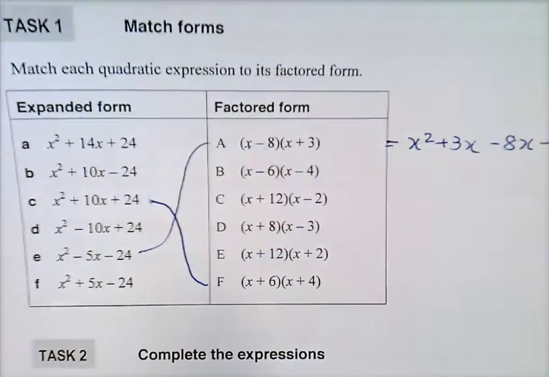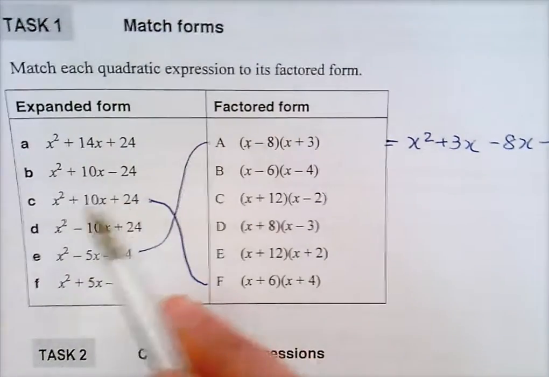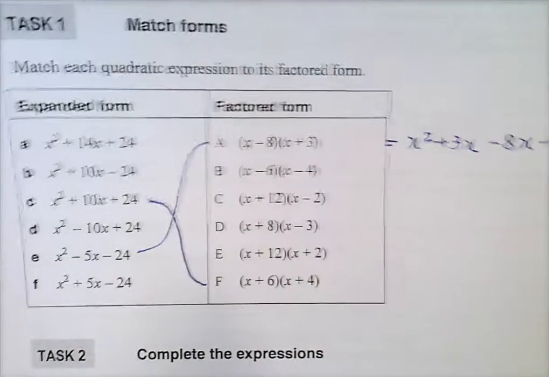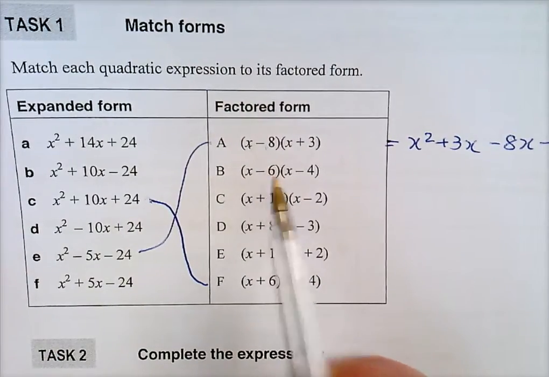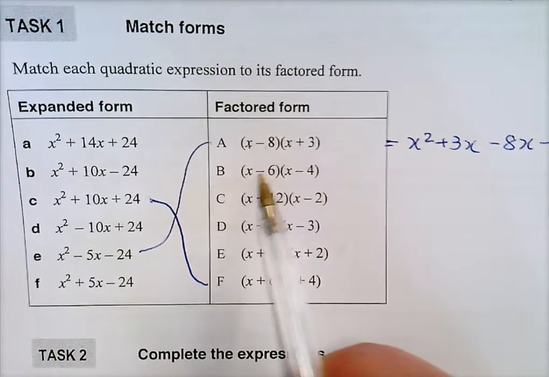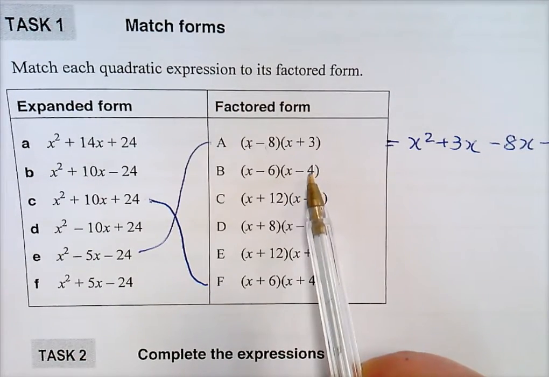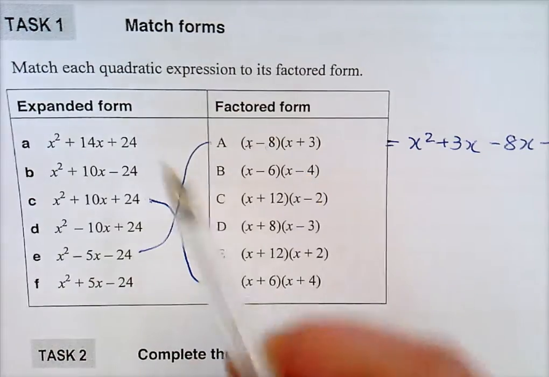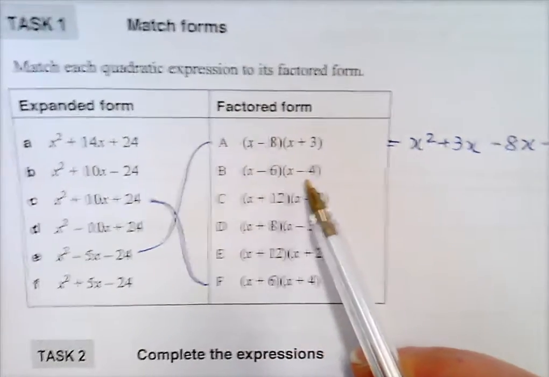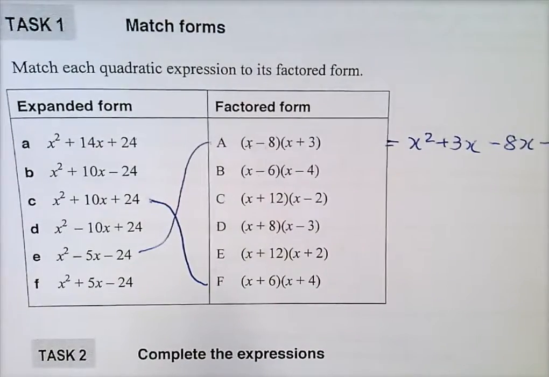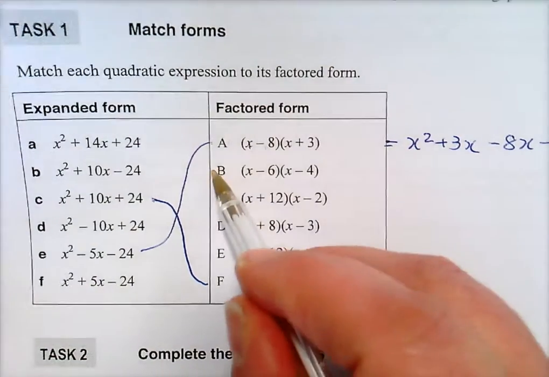Girls, it's plus plus. See how you've got x minus 6, x minus 4? If you do negative 6 times negative 4, you get positive 24. So that's got to be one of the positive ones. And if you do negative 6 and negative 4, that's negative 10. Do you know which one it's going to be? Minus 10 plus 22. Which one? D.